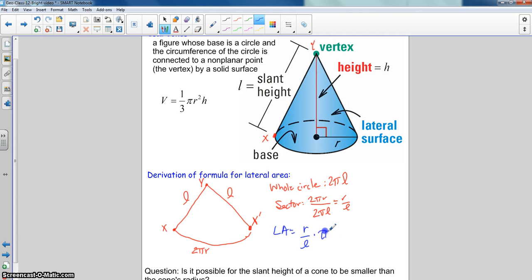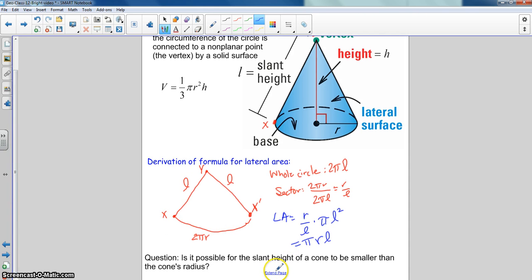The area of the whole circle is pi L squared. After I do the arithmetic here, this ends up being pi r L. That's the formula that I was trying to get to. So that is how we determine the lateral area, and from now on, if you just want to jump straight to this, feel free to.